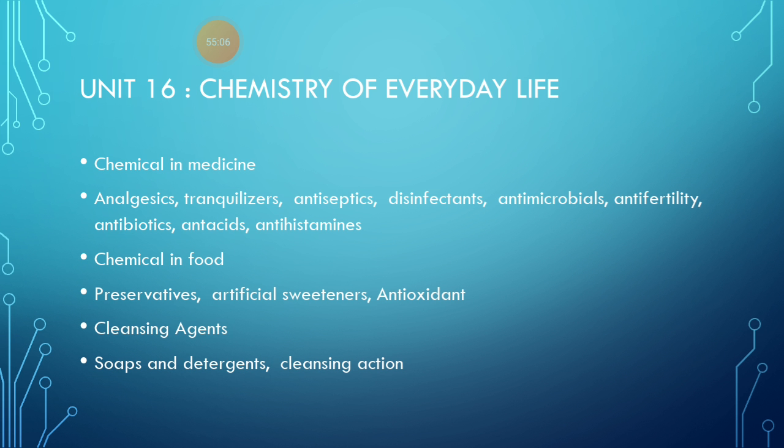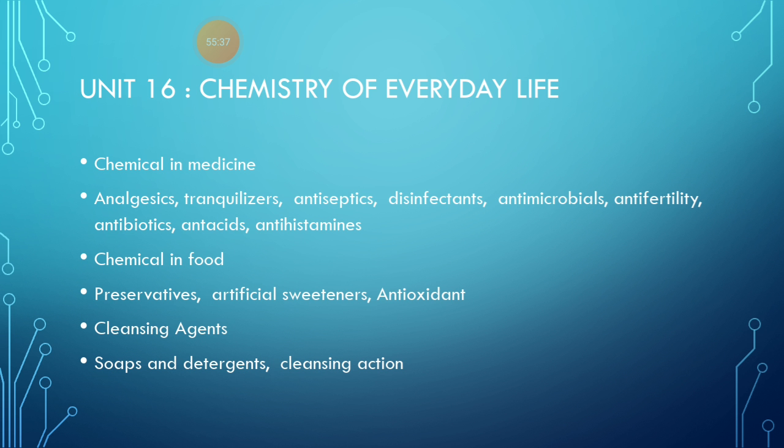We are going to learn about the different kinds of drugs, like analgesic, tranquilizer, antiseptic, disinfectant, antimicrobial, antifertility, antibiotic, then antacids, antihistamines, and their structures and examples. Then chemicals in food.